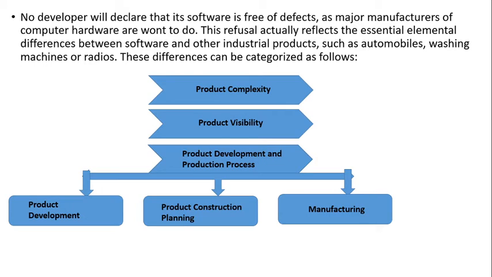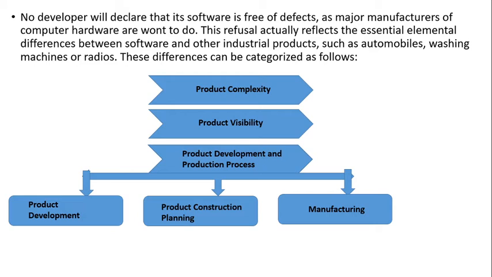The end user does not know what types of languages are used by the software engineer, what types of frameworks are used by the software engineer, so the product visibility of software is invisible to the end users.